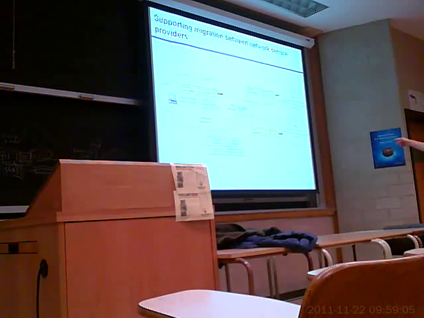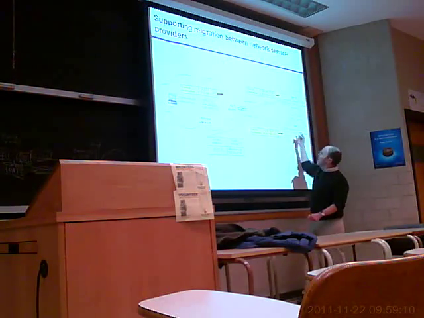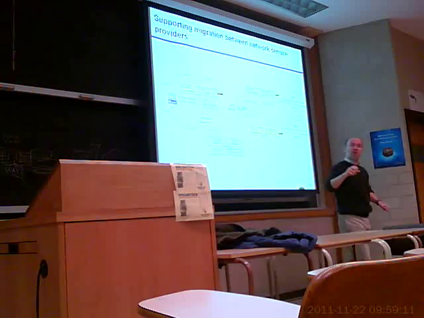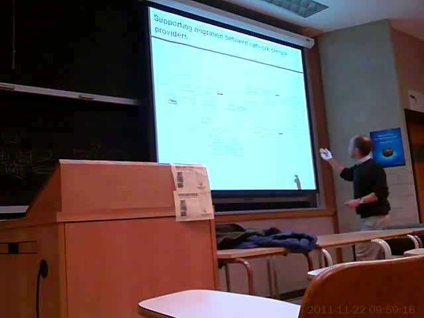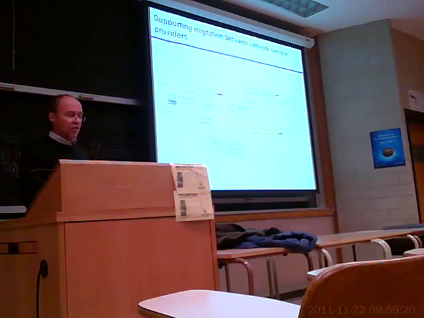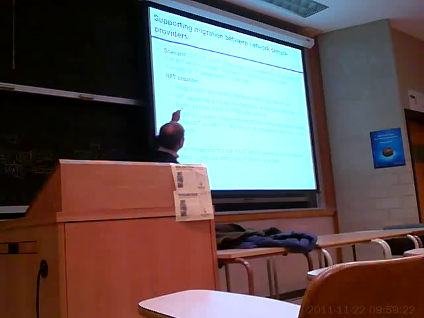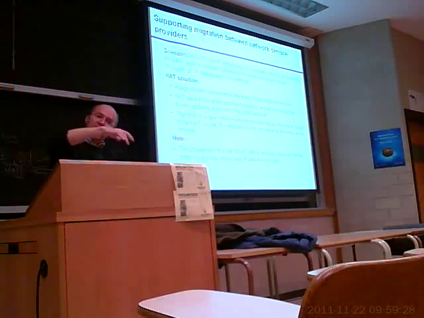U of T owns that address space. In fact, U of T does not obtain its IP address blocks from its service provider. This concept of obtaining addresses from the service provider is a consequence of classless interdomain routing, where you have hierarchical address blocks.